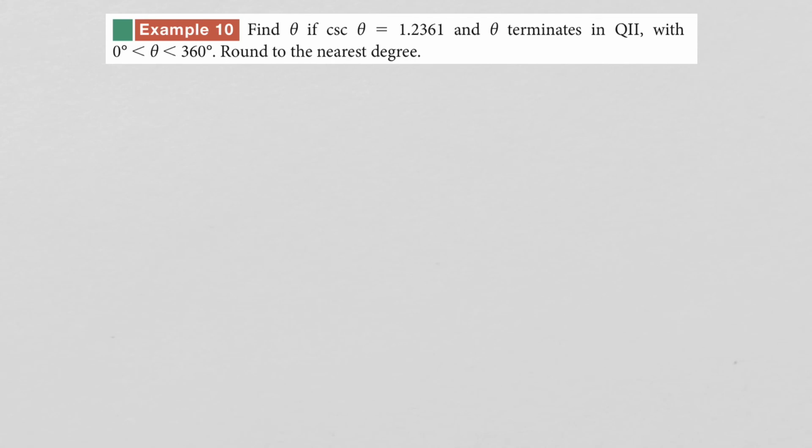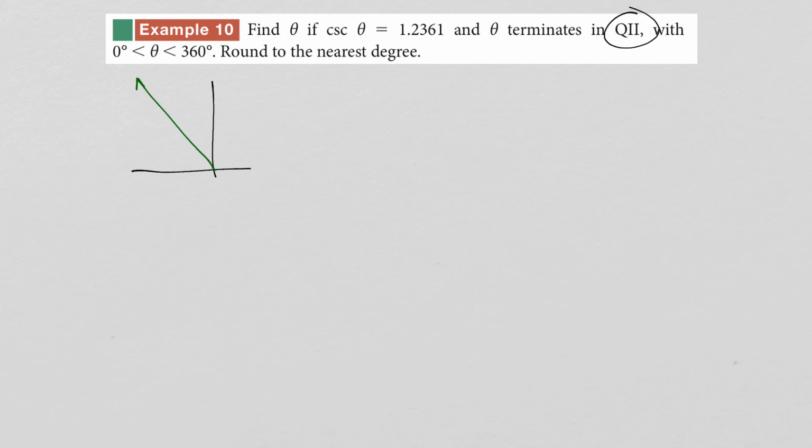And our last example is similar. This time we're told theta terminates in the second quadrant. Theta is an angle between 0 and 360. Round to the nearest degree for theta if the cosecant of theta is 1.2361. So again, I start with the fact that we're in the second quadrant.